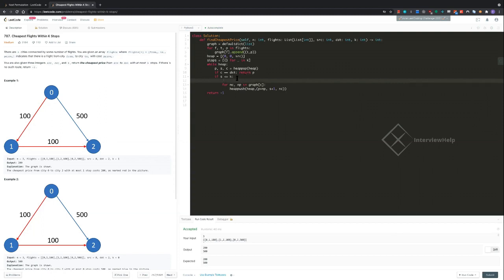So we're still going to check if the stop is less than k, and if it is, then we're going to see if it exists in our stops. So I think that will come after line 13, right? Because this is different for each neighbor, for each city.